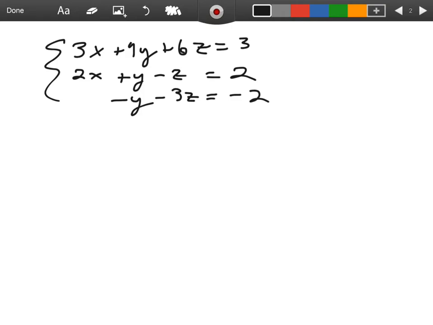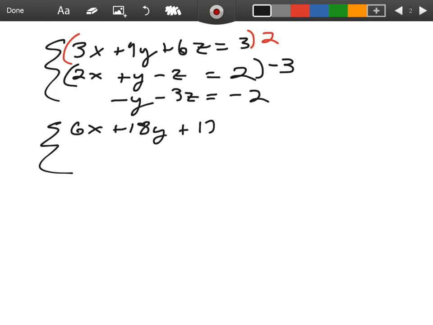Okay, now I need to get rid of the variable in this position. So I want to multiply everything in the top equation by 2, making that 6 up there, and then multiply everything here by negative 3, making that negative 6. When I do that, the top equation is 6x plus 18y plus 12z equals 6.